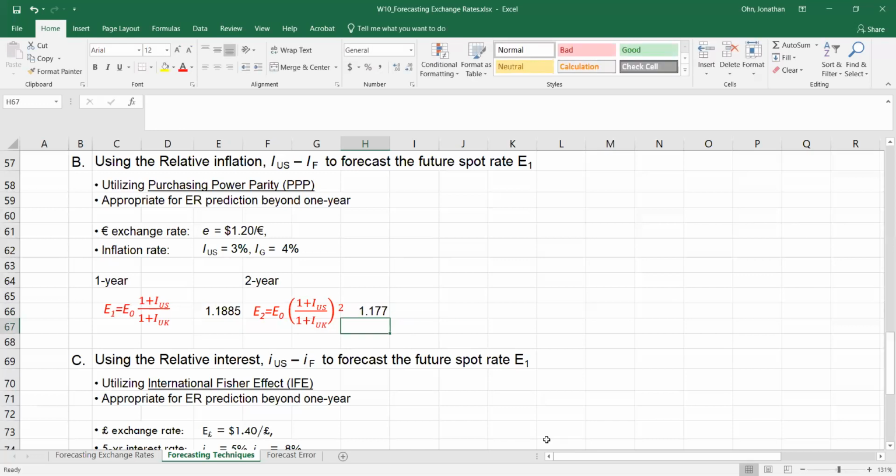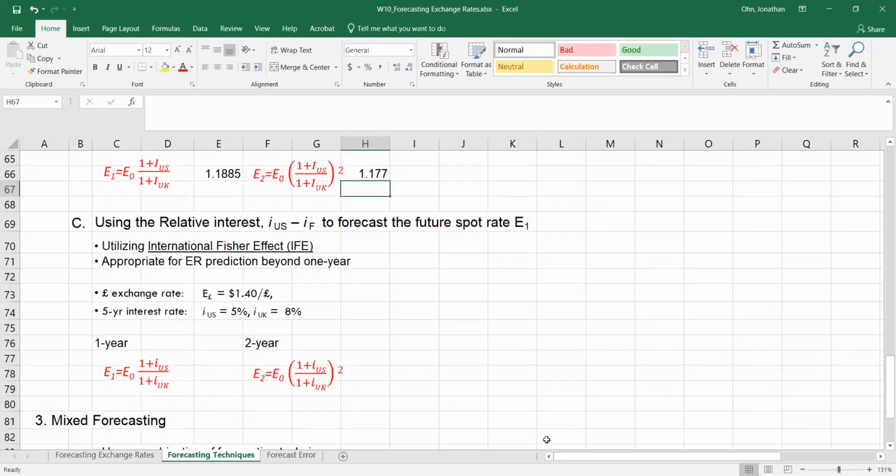See, it depreciated further: 1.1770 in 2 years. So that is how to use the market equilibrium parity condition to forecast the future spot rate.